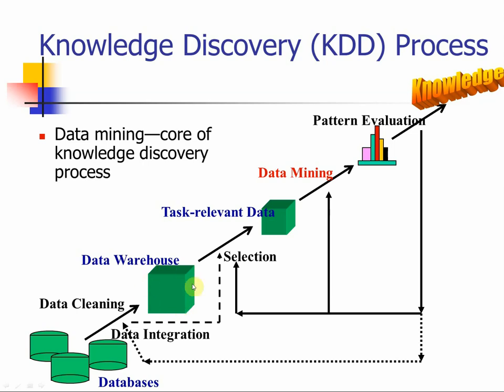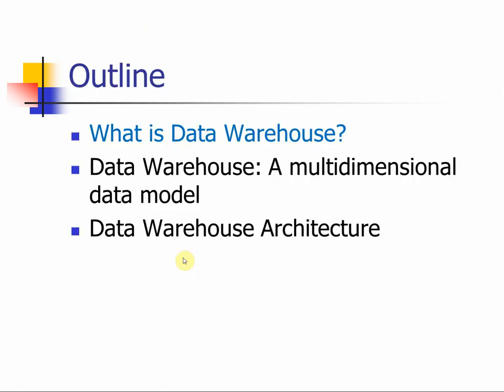Obviously, it has a very different definition from data warehouse to the databases. Therefore, in this chapter, we want to understand what is a data warehouse. This is the outline, starting by defining the data warehouse, and then we want to look into the multi-dimensional data model, which describes the data warehouse.